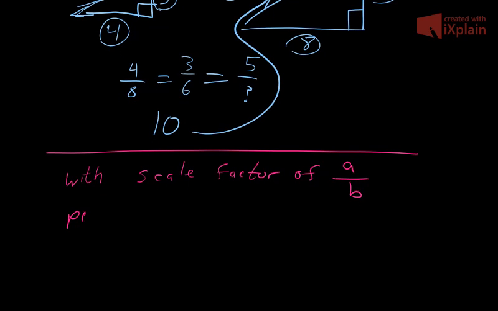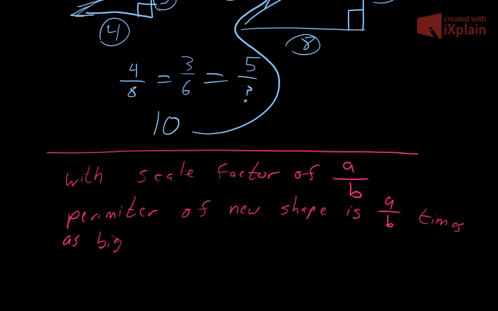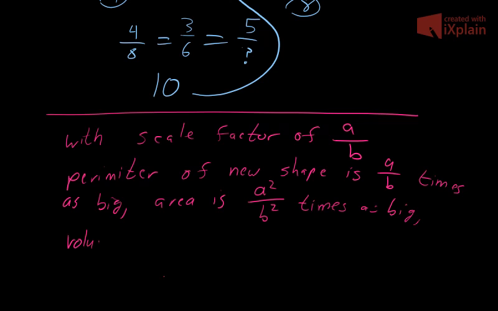The perimeter of the new shape is a over b times as big. The area is going to be a squared over b squared times as big. And the volume is a cubed over b cubed times as big.